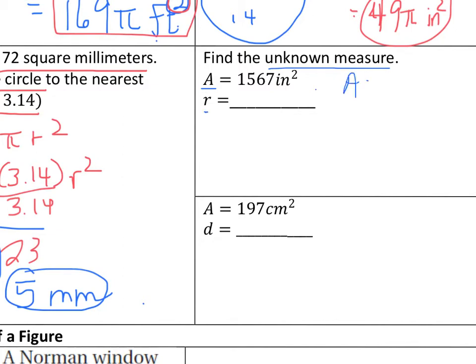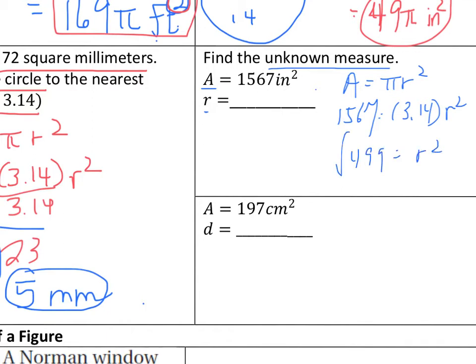So again, area of a circle, pi r squared, and area is 1,567, and we can use 3.14 r squared, and 1,567 divided by 3.14 is about 499, and when we take the square root, this will be about 22 inches.